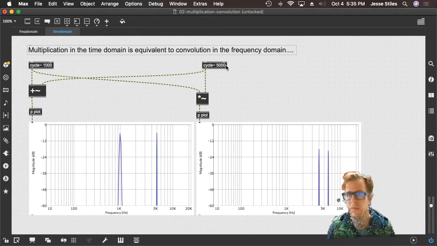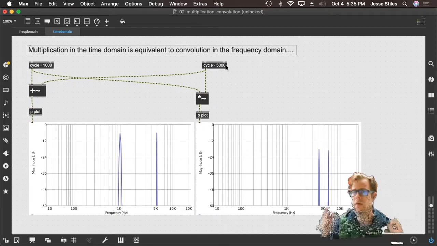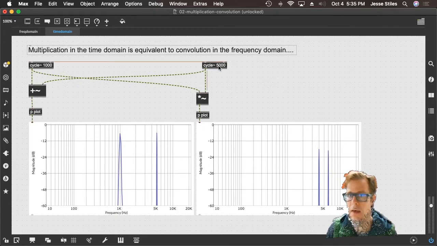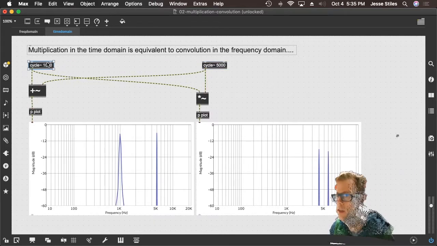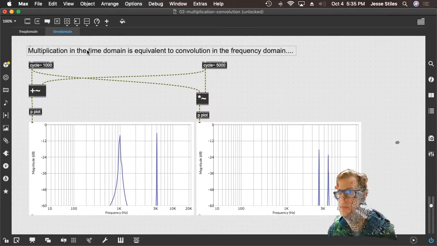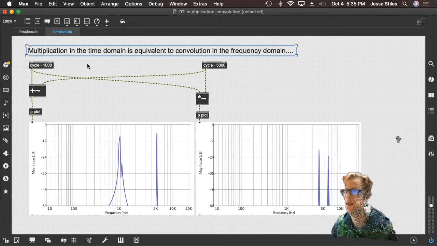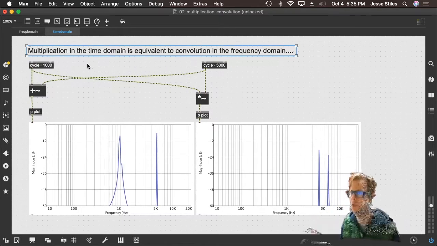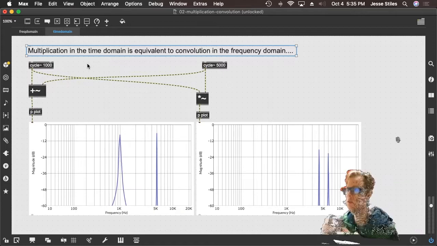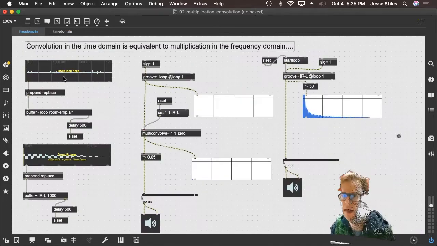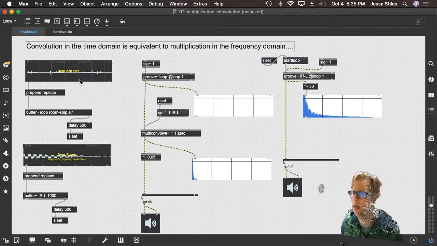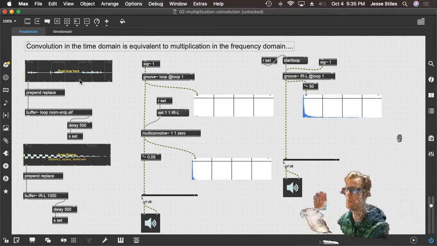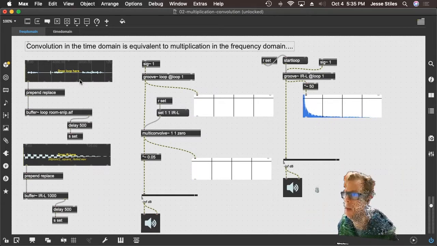So what we have is convolution in the frequency domain. In the frequency domain, this signal is shifted by this signal, and vice versa. So multiplication in the time domain is equivalent to convolution in the frequency domain, and convolution in the time domain is equivalent to multiplication in the frequency domain.